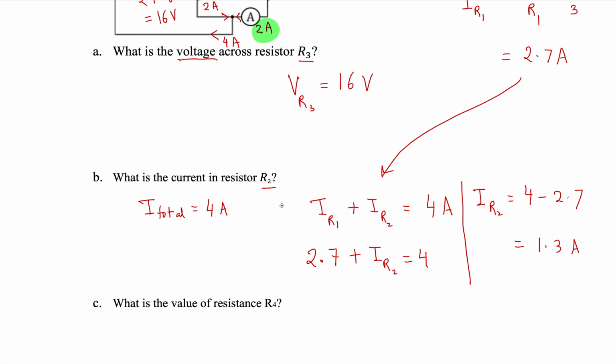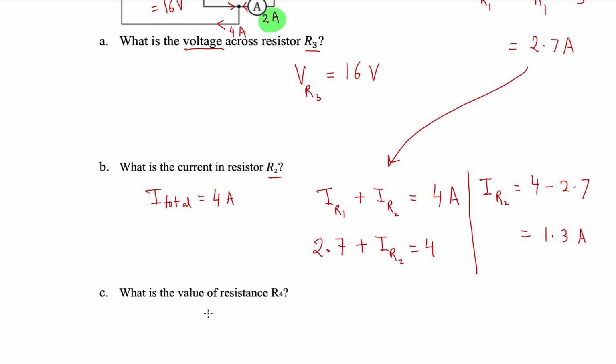Let's write down V equals IR. Rearranging the formula for R, R is equal to V over I. The voltage across R4 is 16, the current is 2, so 16 over 2 comes out as 8, and the unit is ohms, 8 ohms.